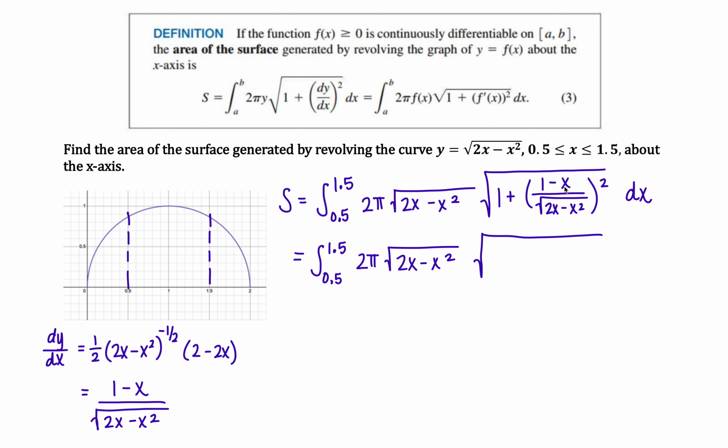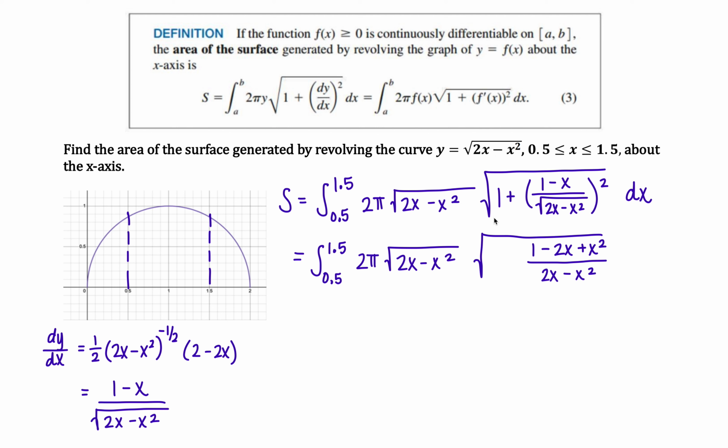I've got 1 minus x squared over the square root of 2x minus x squared squared. So in that numerator, I can go ahead and square the quantity 1 minus x. So that is going to give me 1 minus 2x plus x squared. In the denominator, I'm just going to have 2x minus x squared.